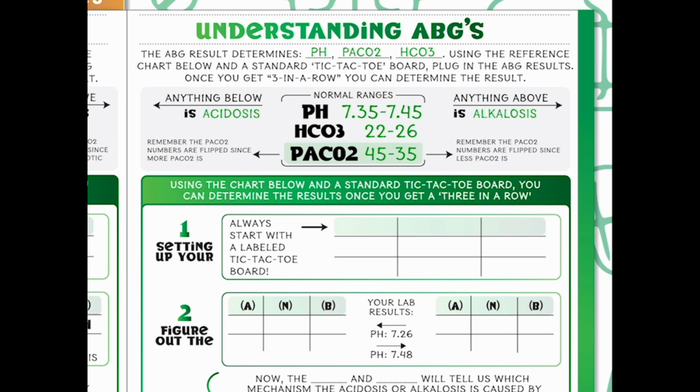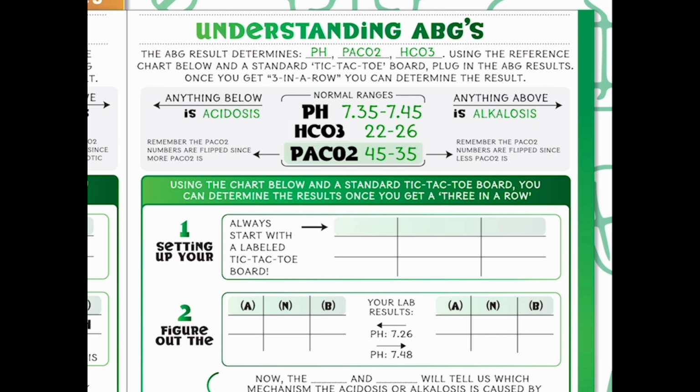So this acidotic side is anything below 7.35, and in our bicarb, anything below 22 is acidosis. But with our carbon dioxide, if we remember, the more we have of it, the more acidic we're going to be. The less we have of it, the less acidic, or more alkalotic, we're going to be. So remember to keep this nice and clean. We're going to keep our numbers flipped like this.